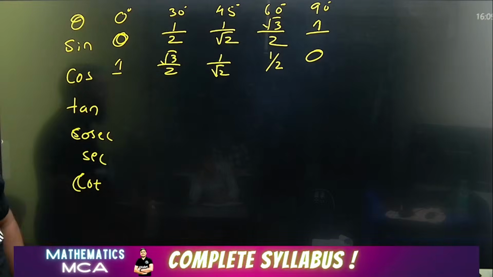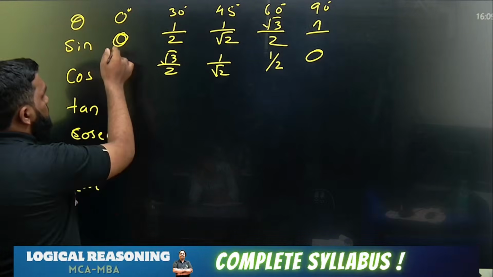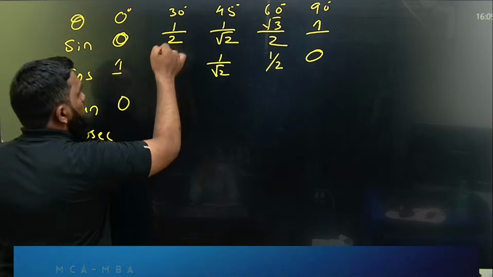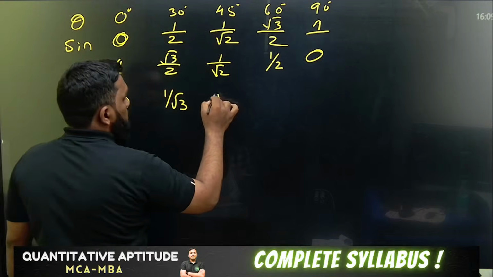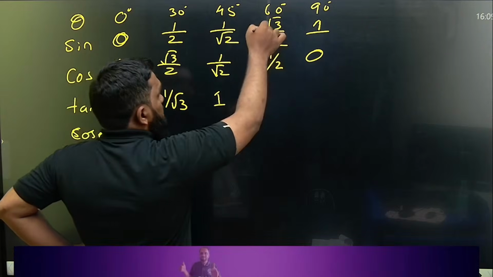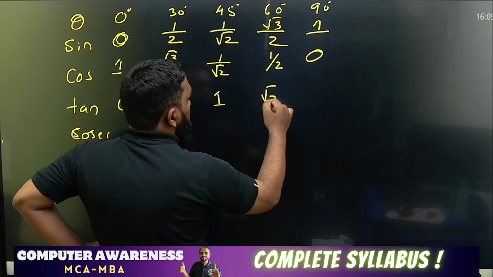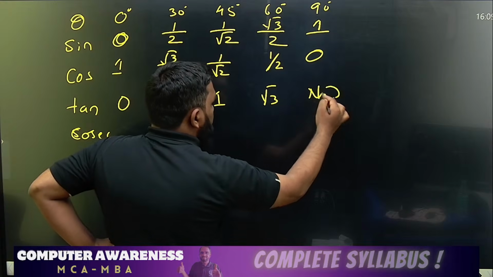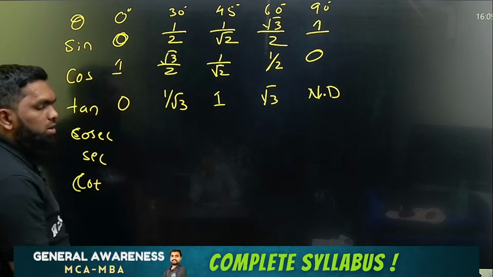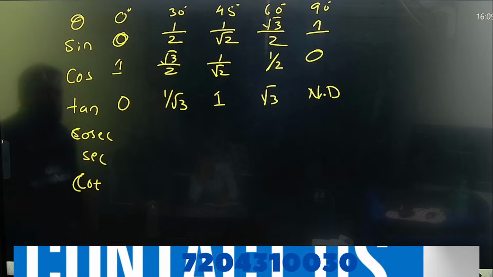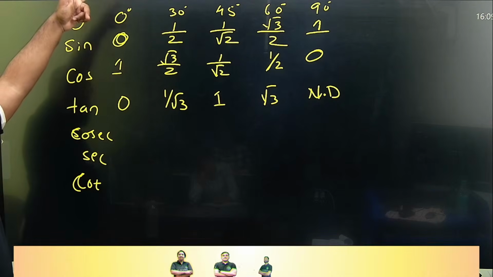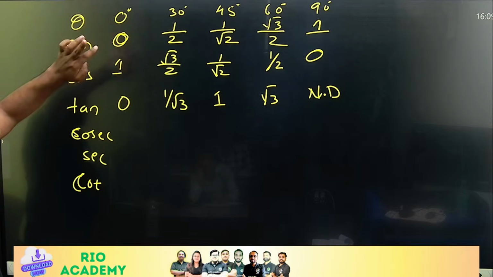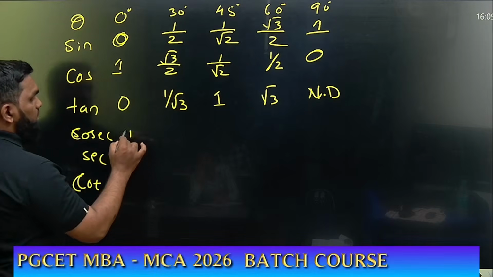That is very simple. For tan, divide sin by cos: 0/1 is 0, 1/2 over √3/2, the 2 cancels, giving 1/√3, then tan 45 is 1, and tan 60 is √3, and tan 90 is not defined, since we get 1/0.